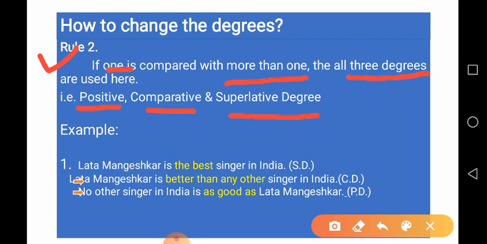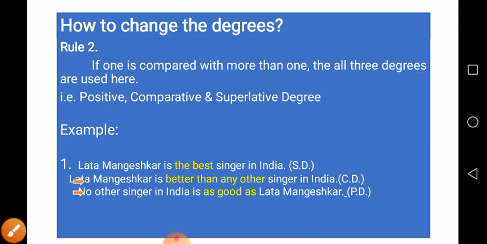But when one is compared with other, means two objects or two persons are compared, we make use of positive and comparative degree, where superlative degree is not used. But here according to rule number 2, when one is compared with more than one or one is compared with many, we use a superlative degree.